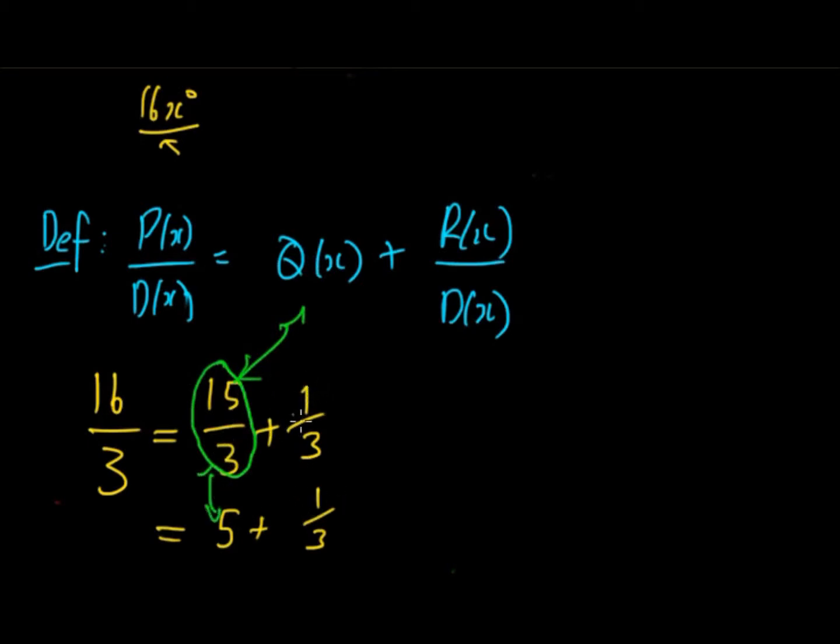Then I have the remainder, hence why this term is called the remainder. It's what's left over, divided by the original number. So you could write this as 5 remainder 1, which is technically 5 plus 1 over 3.